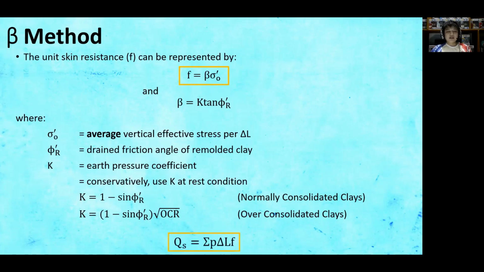Same as the alpha method, we may encounter layers of varying parameters. Thus, the resistance is equal to the sum of the perimeter times the segment length times the unit friction. And it is better to present the solution in table form.